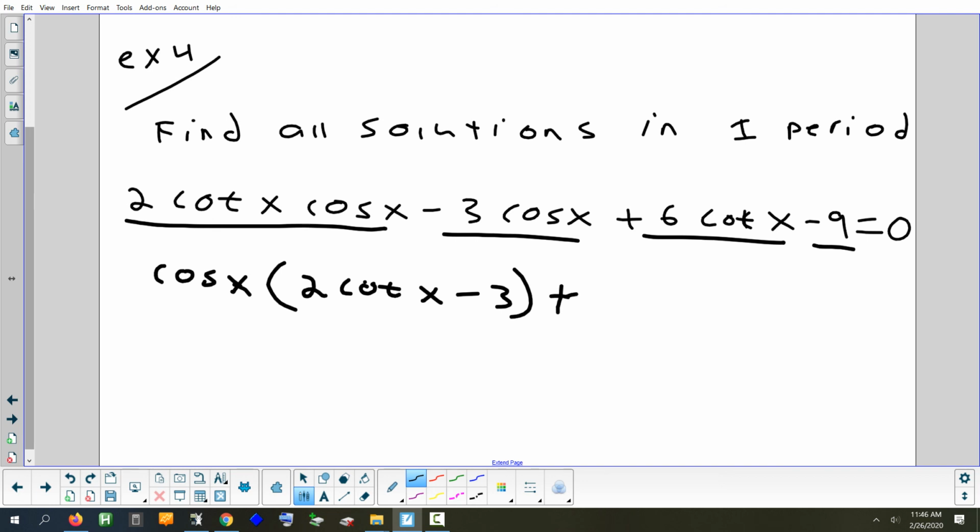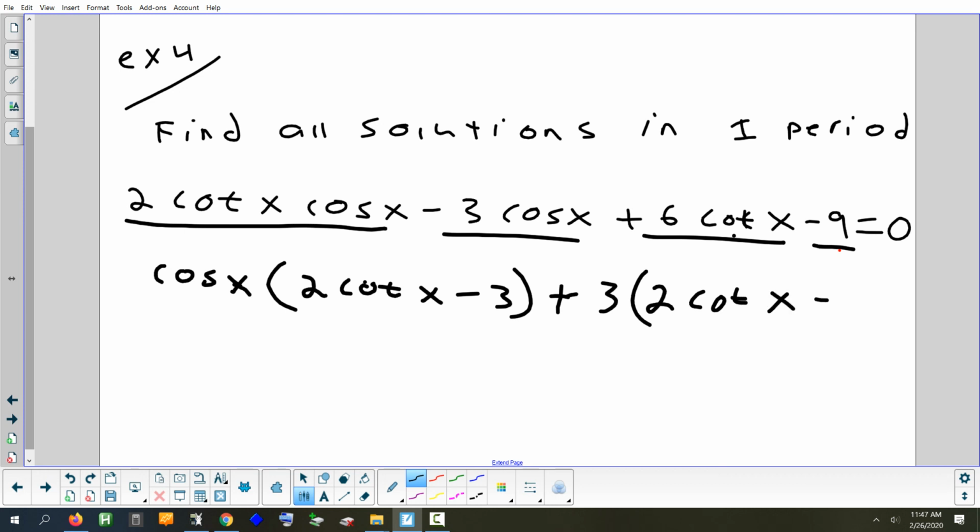What can you factor out of terms 3 and 4? What do they have in common? Yeah, 3. If you factor a 3 out of a 6, what does that leave you with? 2 cotangent x.